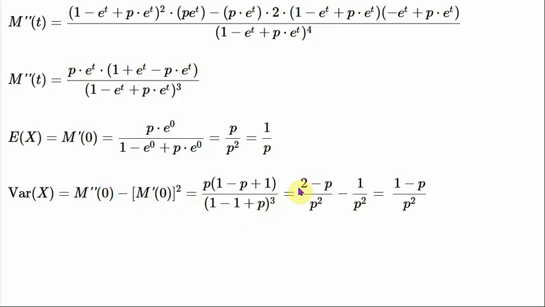And then minus the first derivative at t equal to 0, which is 1 over p, squared. And then simplify, we get 1 minus p over p squared. And so in summary, this is the expected value and variance of the random variable that has a geometric distribution. And this is the end of the video.